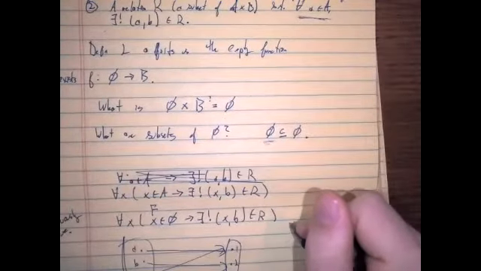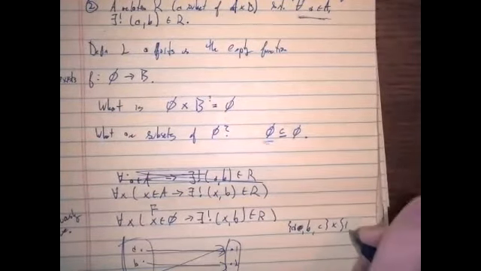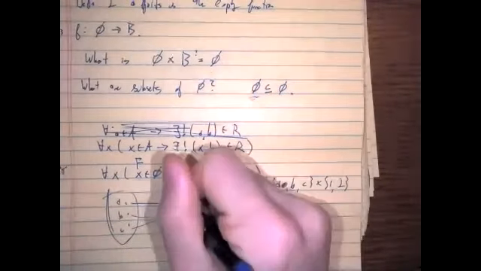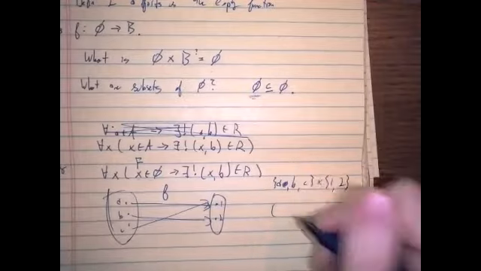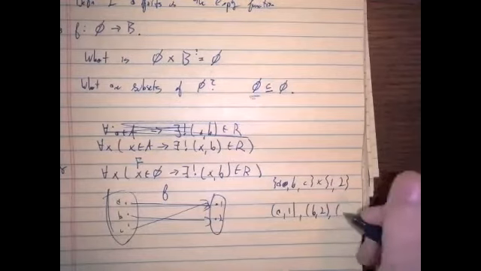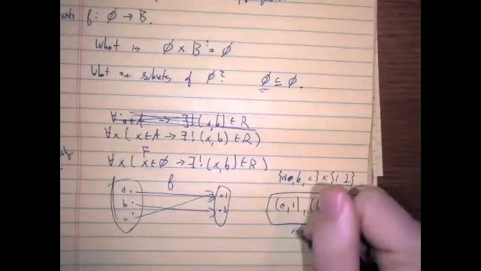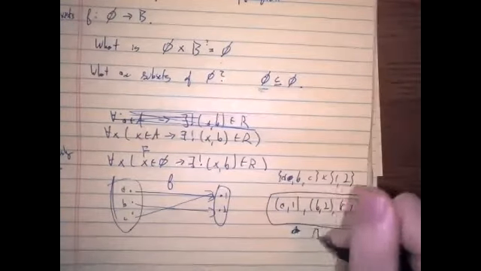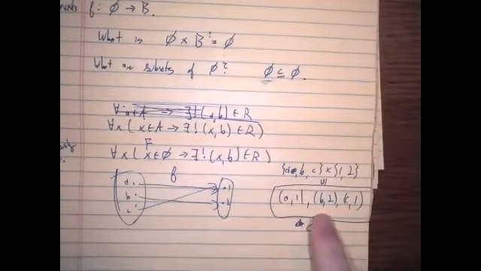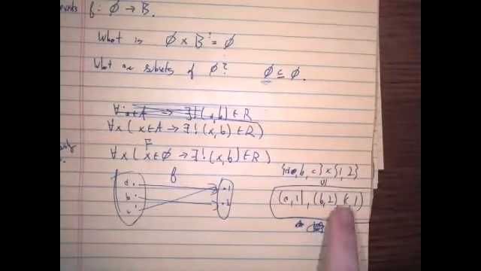So on the set {A, B, C} cross {1, 2}, the way that we think about this function f is it's given by the set of tuples (A,1), (B,2), and (C,1). So this is a subset of this Cartesian product.